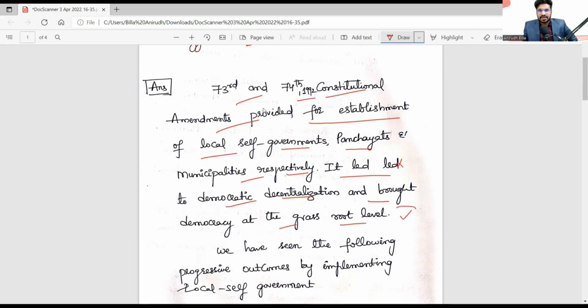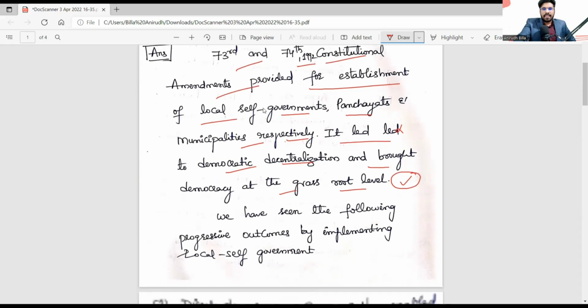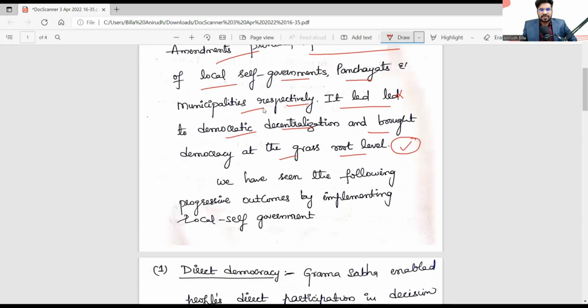This should be an ideal intro. You can add a few more points like Schedule 11 tells about Panchayat, Schedule 12 speaks about municipalities. But this is an ideal intro which you can use directly in your questions. Now we are going to write one connector statement, that is, we have seen the following progressive outcomes by implementing the local self-government.